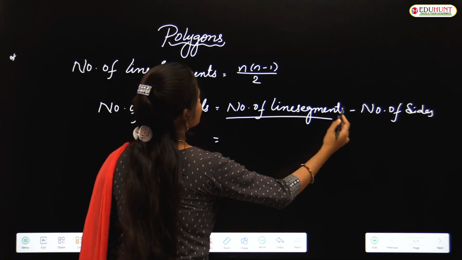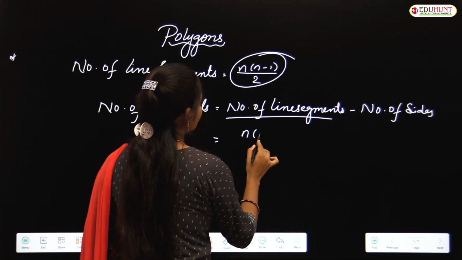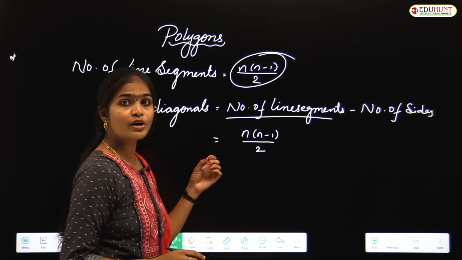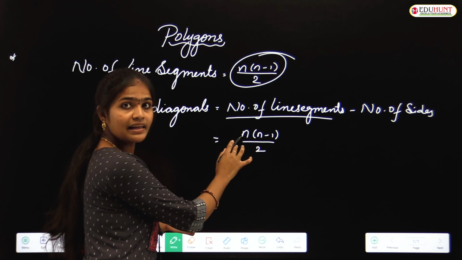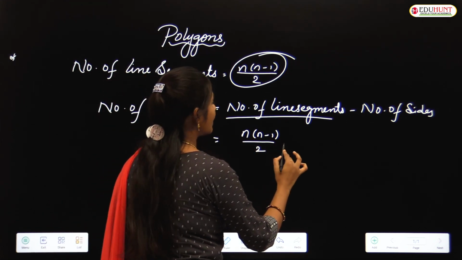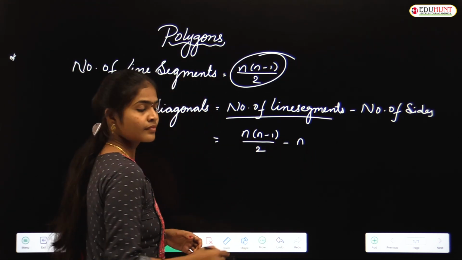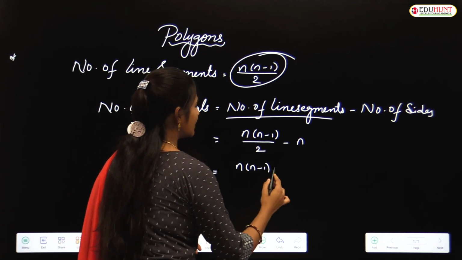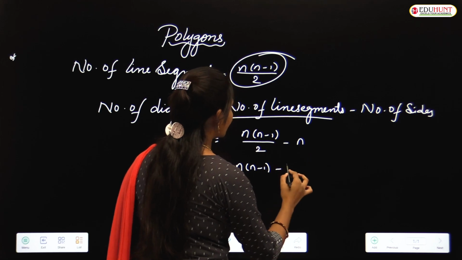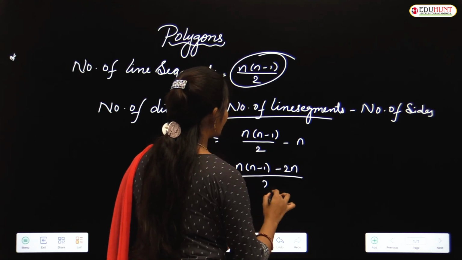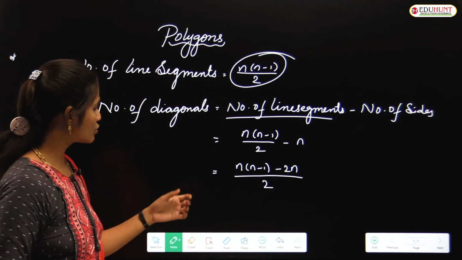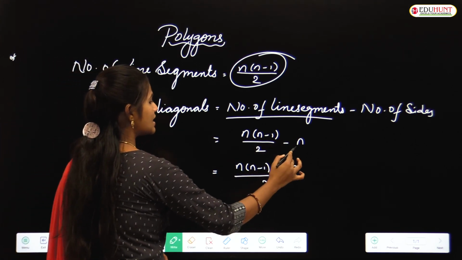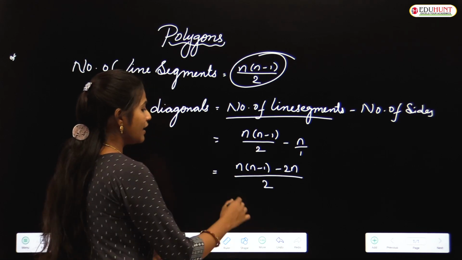So here the number of line segments formula is n into n minus 1 by 2. And the number of sides we take as n. So from this, n into n minus 1 by 2 minus n, which is 2n whole by 2. If you subtract those two, you get n into n minus 1 minus 2n, whole by 2.